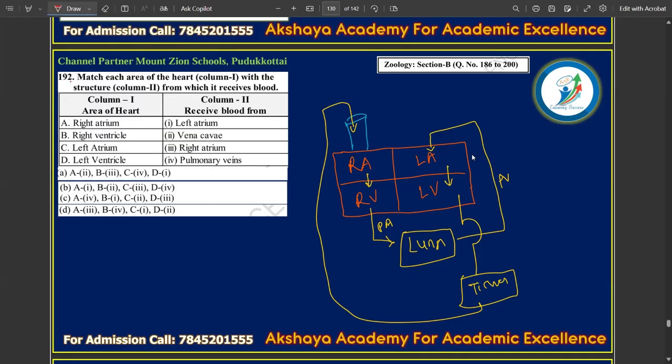Right atrium, it receives from the vena cava, as I showed you. Right ventricle receives from the right atrium. Left atrium receives from pulmonary vein. Left ventricle receives from left atrium.